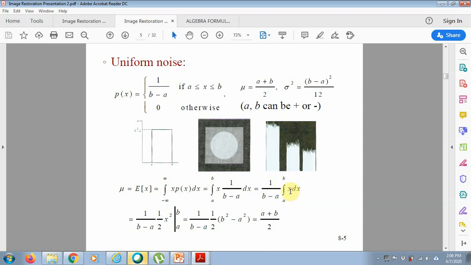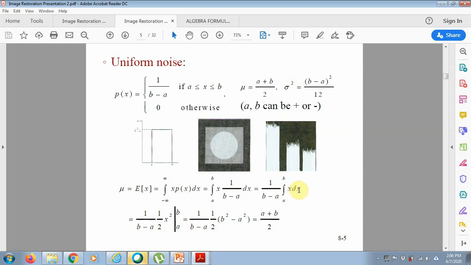Now what is this? The integration of x dx is nothing but x square by 2. So you will have 1 upon (B minus A) times x square by 2.